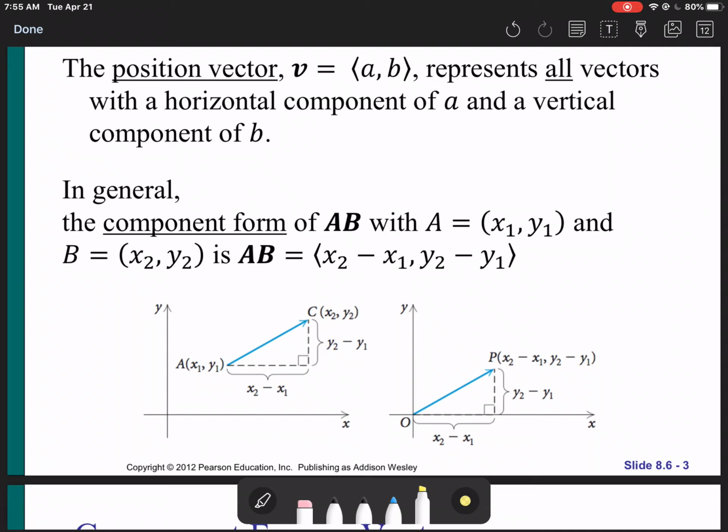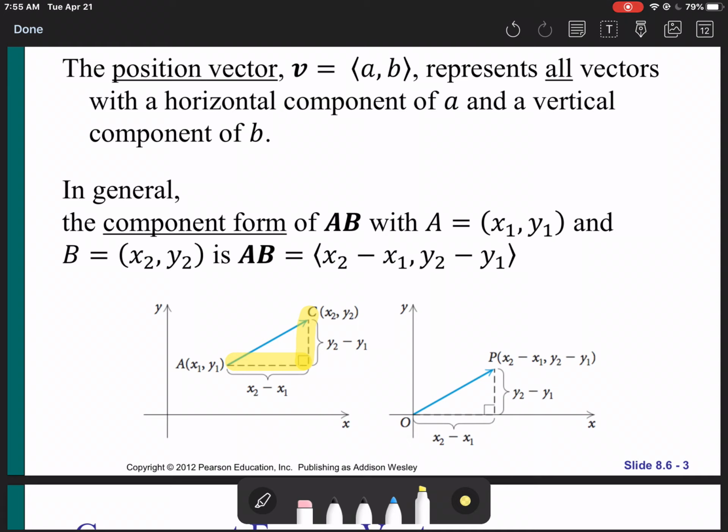If I take vector AB, the one on the left, the component form of vector AB with point A, its initial point, having coordinates x sub 1, y sub 1, and its terminal point, point B, having coordinates x sub 2, y sub 2. I can represent vector AB as having a horizontal component, which is the change in the x coordinates between those two points: x2 minus x1. And then the vertical component, the change in the y coordinates: y2 minus y1.